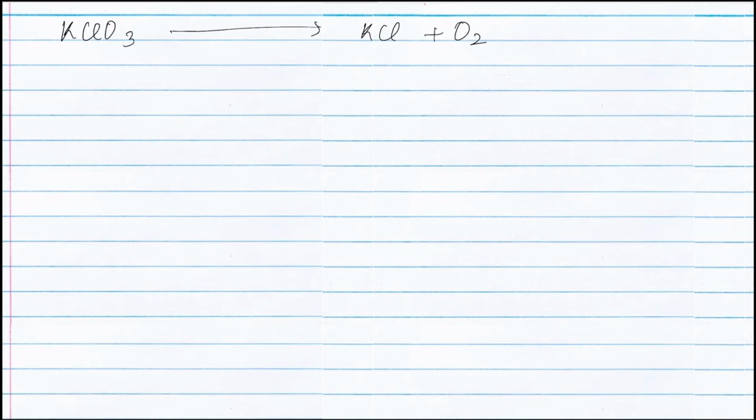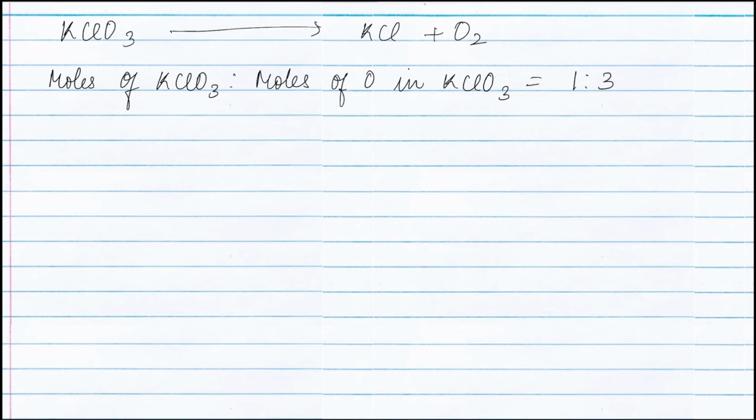Or we can also write moles of KClO3 to moles of oxygen in KClO3 is equal to 1:3. Therefore, 3 into moles of KClO3 is equal to 2 into moles of O2.